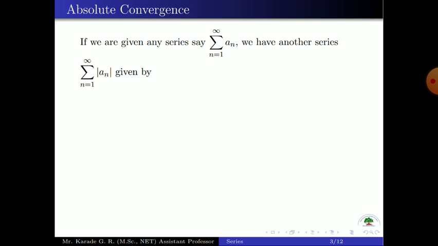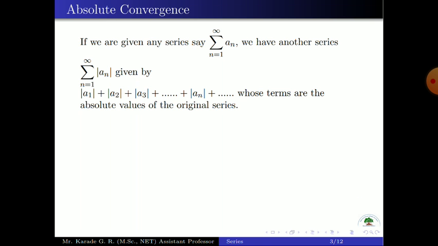First of all, we see what is meant by the absolute series of a given series. If we are given any series, say summation a_n, n runs from 1 to infinity, we have another series, summation mod a_n, n equal to 1 to infinity, and this series is given by mod a1 plus mod a2 plus mod a3 plus dot dot dot plus mod an plus dot dot dot, whose terms are the absolute values of the original series.